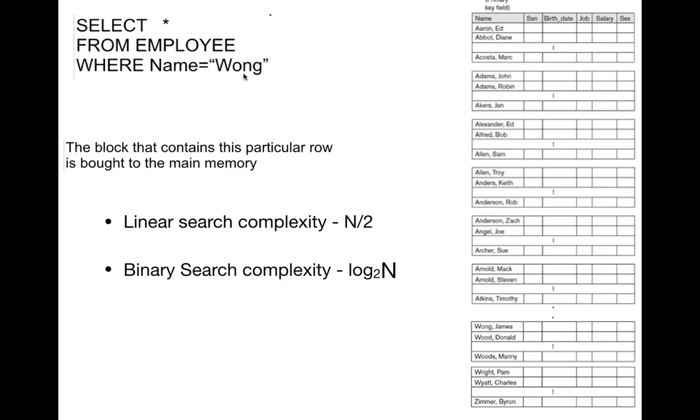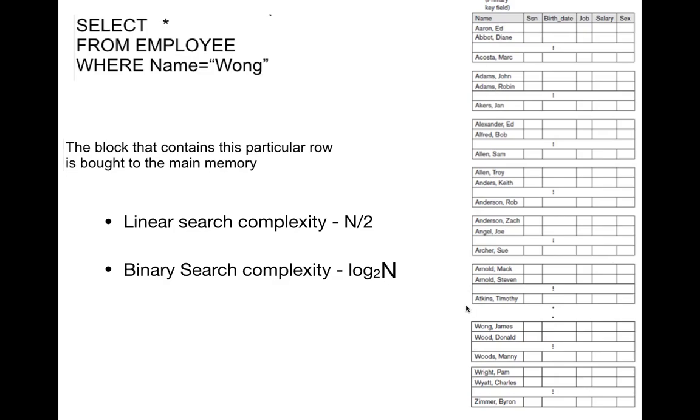So if this is the query, we need to actually fetch this particular block. We are not actually fetching this single row alone. We need to fetch this whole block to primary memory. So that is our aim. So without indexing, we have to perform log to the base 2 n searches over all these blocks.